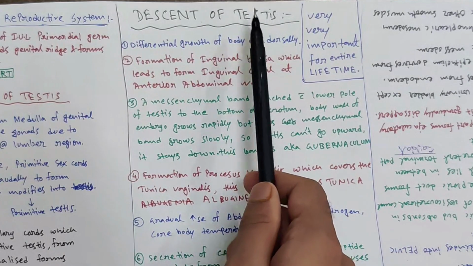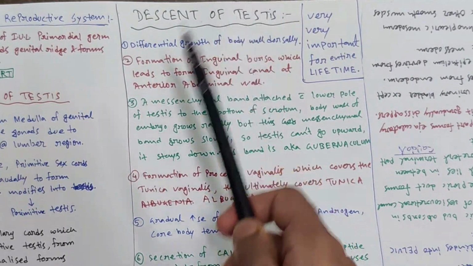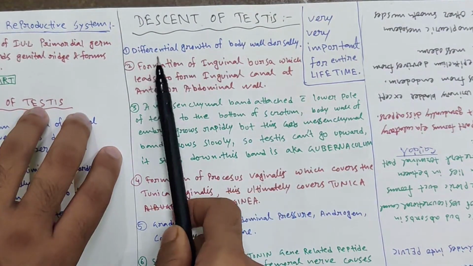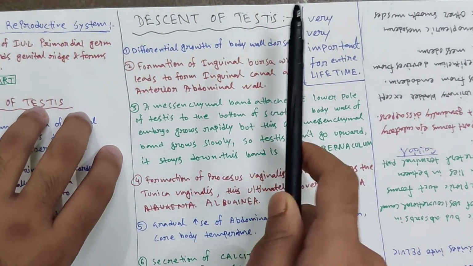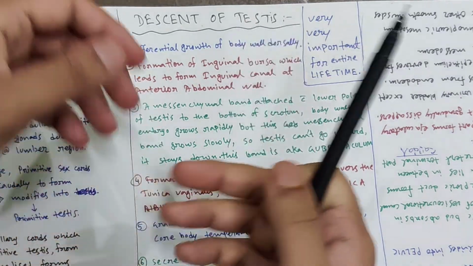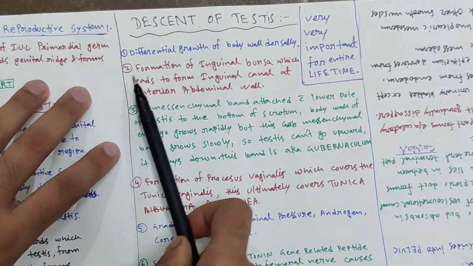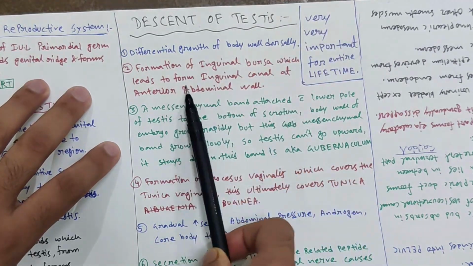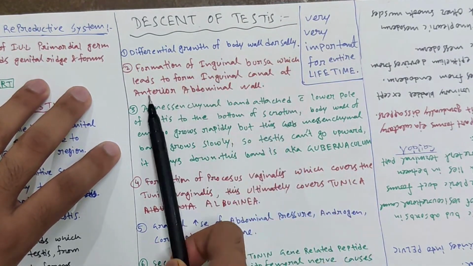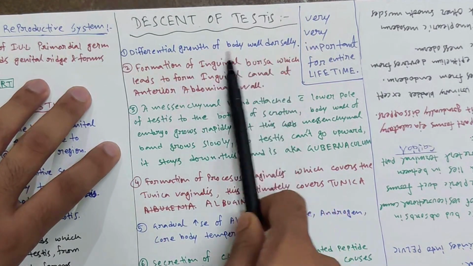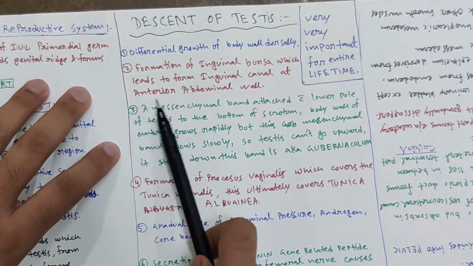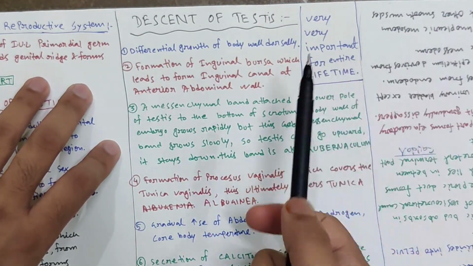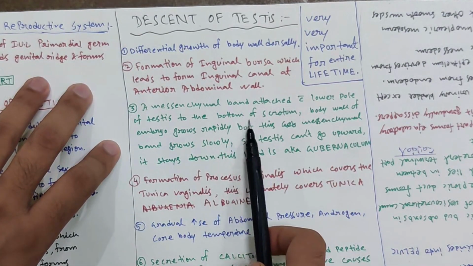Descent of the testis: how does the testis get down into the scrotum from the lumbar region? See, the first point is the differential growth of the body wall dorsally. The posterior wall of the body grows differentially from the anterior body wall. The second point is the formation of the inguinal bursa, which leads to formation of the inguinal canal at the anterior abdominal wall. The anatomy of the inguinal canal and anterior abdominal wall, you already know. A mesenchymal band is attached from the lower pole of the testis to the bottom of the scrotum.